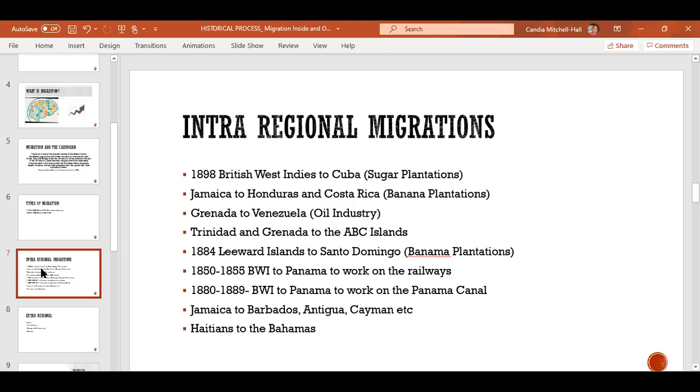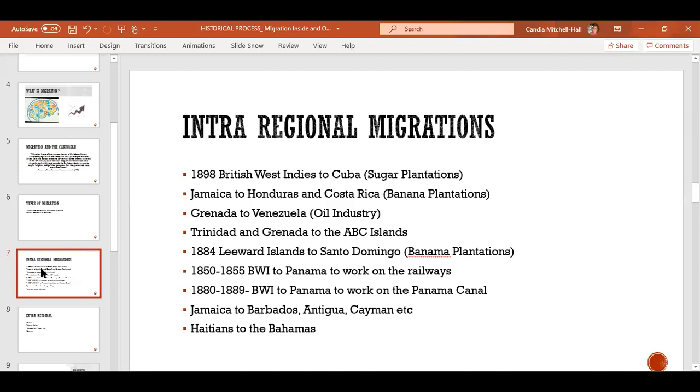Another example is that you have quite a lot of Grenadians who would have gone to Venezuela to work in the oil industry. Also, people from Trinidad and Grenada would have gone to the ABC Islands to work: Aruba, Bonaire, and Curacao.